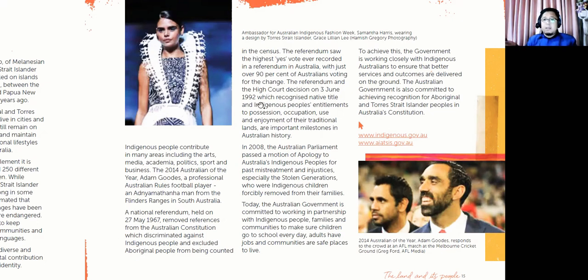The referendum and the High Court decision on 3 June 1992, which recognized native title and Indigenous peoples' entitlement to the possession, occupation, use and enjoyment of the traditional lands, are important milestones in Australian history.